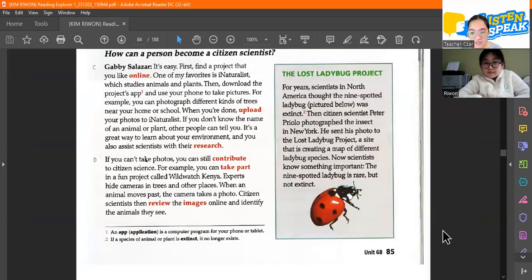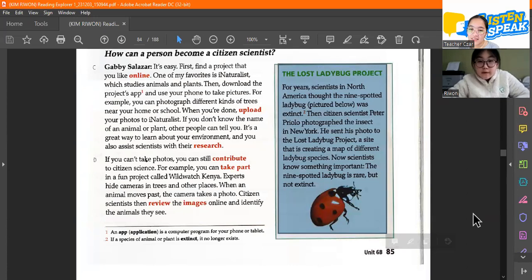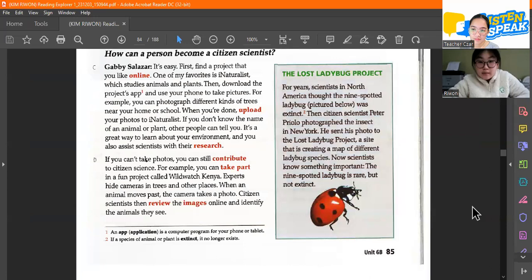No. Okay, so let's discuss the last one, the Lost Ladybug Project. For years, scientists in North America thought the nine-spotted ladybug was extinct. The citizen scientist Peter Priolo photographed the insects in New York.